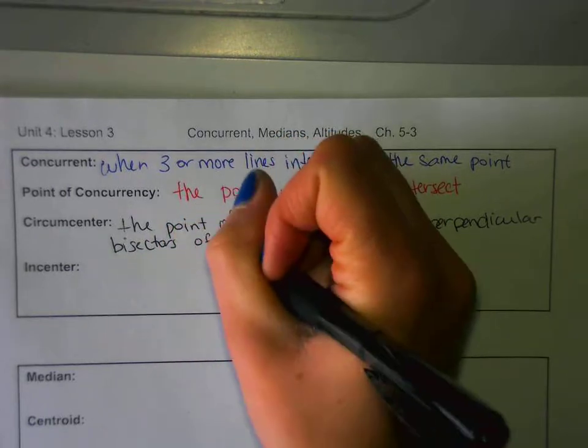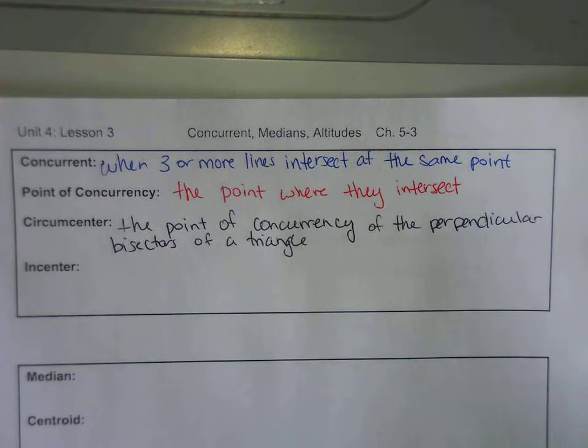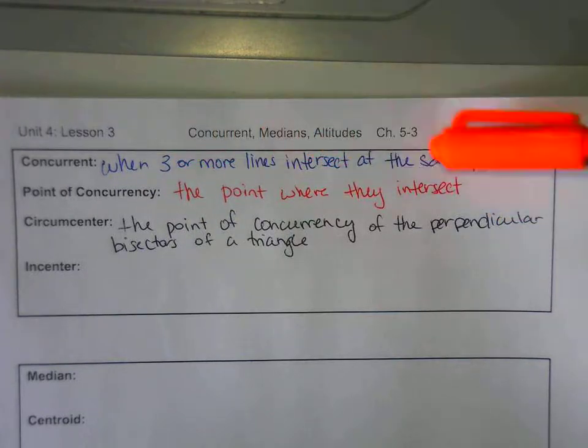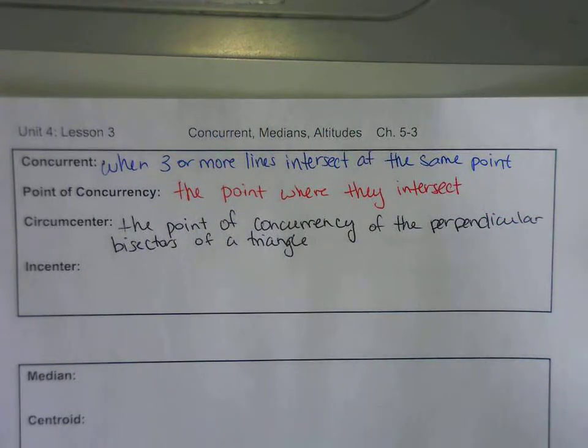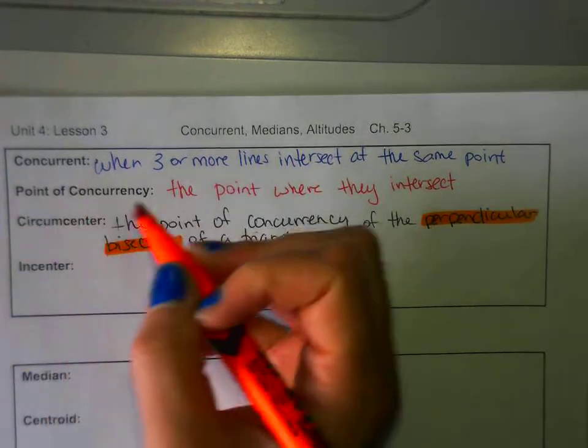So remember, the point of concurrency is the point where they intersect, and it's when there are three or more lines. So when we have a triangle and we have our three perpendicular bisectors, that's when we have the circumcenter. So the point where these three lines intersect is called the circumcenter.